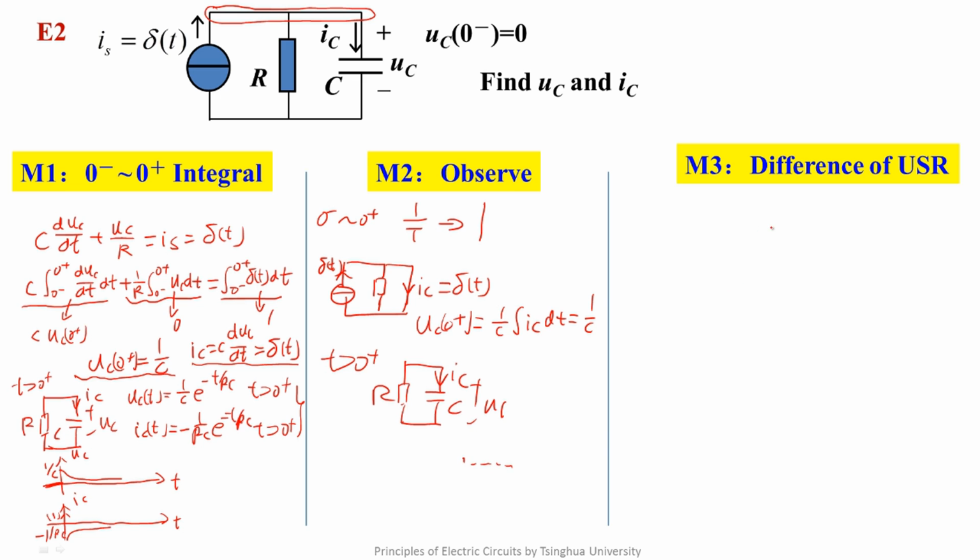The third method is to solve the unit step response. Now we need to draw the unit step circuit.